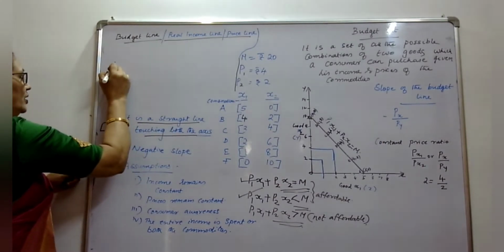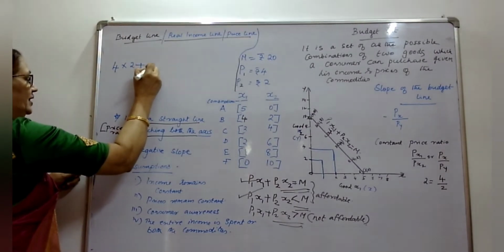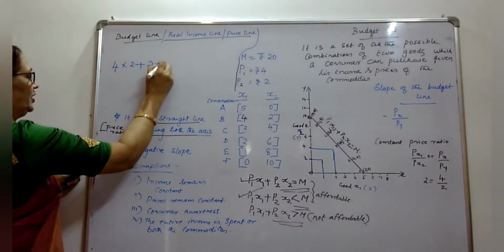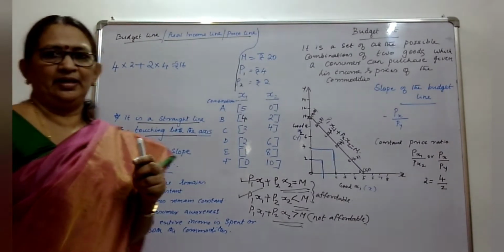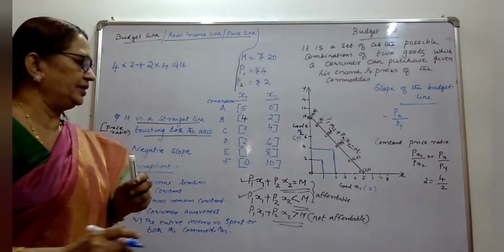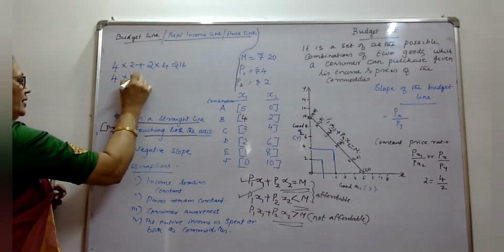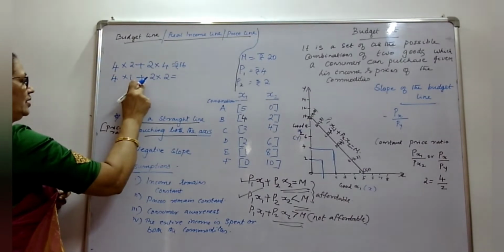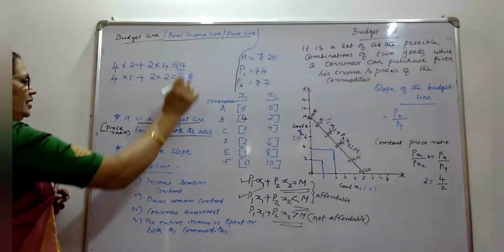P1 is 4. 4 into 2 plus 2, the price of the second commodity, into 4 units, 16 rupees. 4 more rupees are with the consumer. And the assumption is that the consumer is spending his entire income on both the commodities. Next example: 4 into 1 plus 2 into 2, 4 plus 4. Only 8 rupees is spent by the consumer.